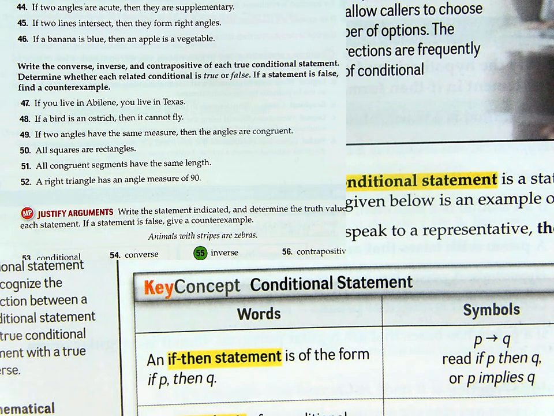See why I didn't give this to you as homework? I could have done better, because everybody's talking at the same time. Here's the problem with these statements: the book said it's a true statement, but you're sitting there reading it and saying, but I don't live in Abilene.